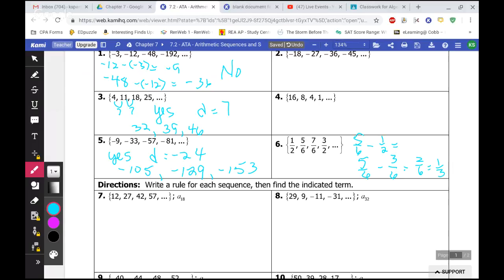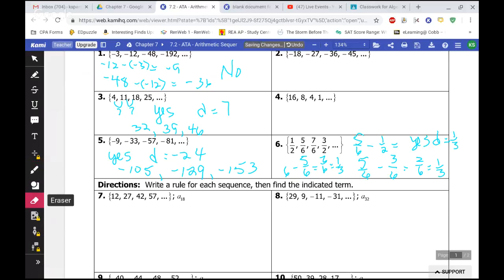So now we'll see 7/6 minus 5/6 equals 2/6, which is 1/3. So in fact, this is arithmetic. So the answer is yes. And the common difference is 1/3.